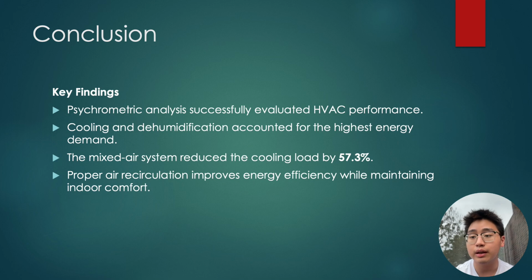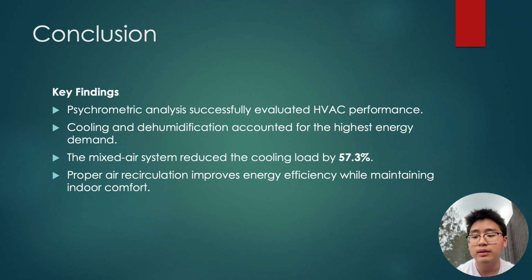In conclusion, psychrometric analysis was successfully used to evaluate the performance of both the 100% fresh air system and the mixed air system. The cooling and dehumidification process accounted for the highest energy demand because both sensible and latent heat had to be removed from the outdoor air. By introducing 70% return air, the mixed air system reduced the cooling load by approximately 57.3%, demonstrating significant energy saving.